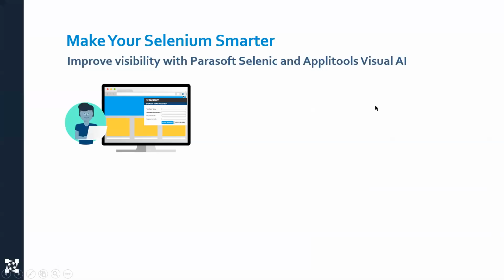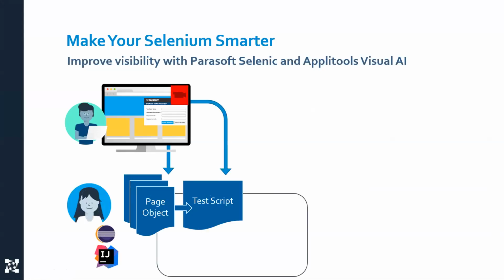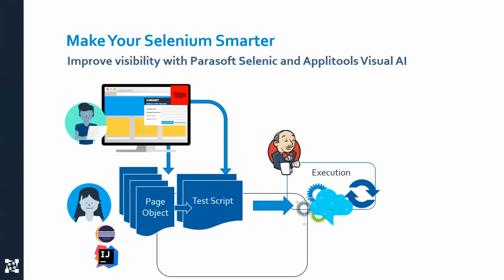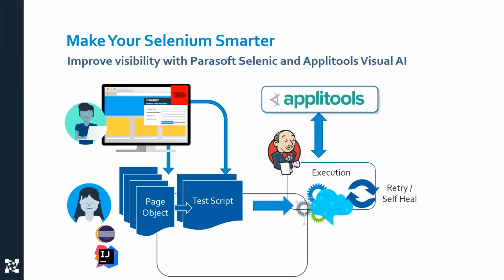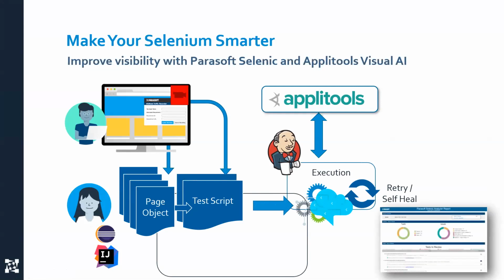So this is what the workflow looks like end to end. You start by leveraging manual testing activities to create your pure Selenium scripts. No vendor lock-in here. You could walk away with great Selenium tests. They're built using the page object, so you can update them at any time, thus updating the page objects and test scripts. You then execute those as part of your CI pipeline, because it is just a Selenium test. You could run that easily from Jenkins or from the command line. You push the results up into Applitools, taking care of all of your validation.